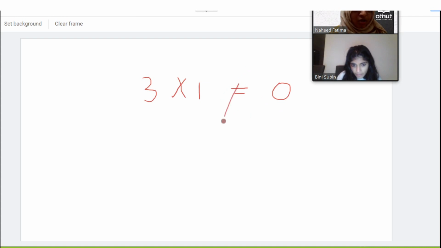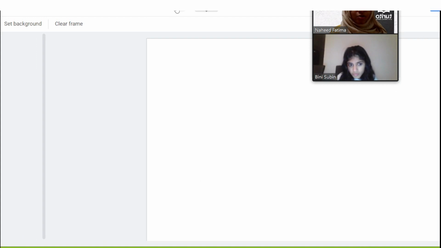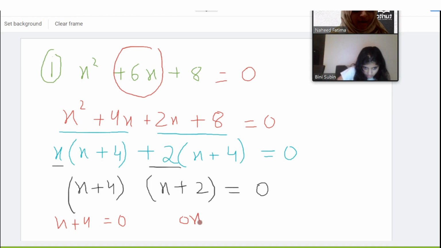It's not possible. Only 3 times 0 will make the number 0. So in multiplication, one number has to be 0 to give your answer 0. Otherwise, if you multiply two numbers, you'll never get 0. So that is the concept, but we don't know which number is 0. So what we take, either x plus 4 is 0 or x plus 2 is 0. Anyone can be 0.